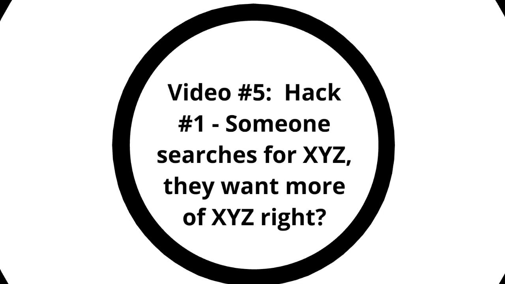They search for XYZ, they want more of XYZ. So how can you make it easier for them to find that information, such as with related posts? What kind of plugins can you use to help with that? Because we've tested things out over the years, we figured out which plugins work best in these cases.